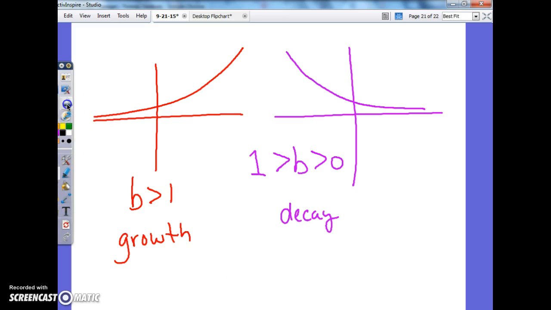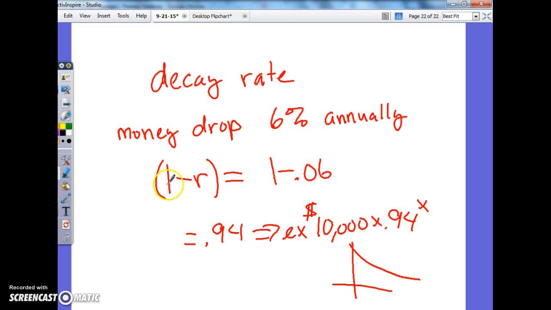Got one more slide. Notice decay rates. This is something we'll get into later. This is where your rate is less than 1, but still greater than 0. Like I'm losing money in an investment. The value of my money decreases 6% every year, or maybe I'm pulling 6% out every year to spend on vacations.